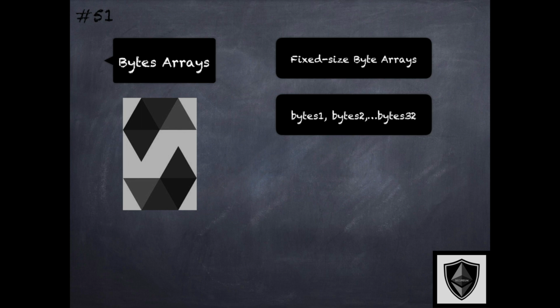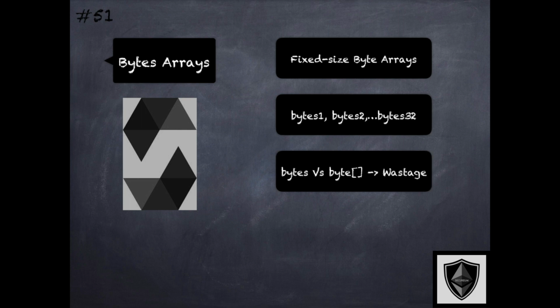If we do not know the fixed size in advance, then we can use the alternative, which is indicated by byte followed by the square brackets. This type is good for storing byte arrays where we do not know the fixed size in advance, but due to padding rules of EVM, it wastes 31 bytes of space for every element that is stored in it.